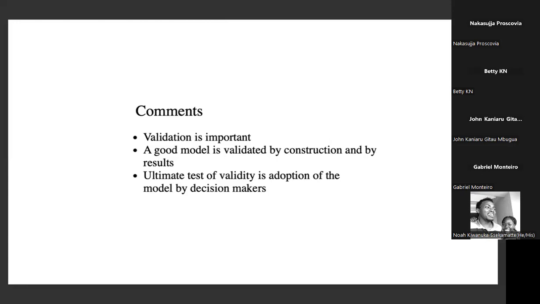We had the doctors who were attending to the patients. Then we had the procurement department. Then we had the mathematician. Then we had professors from the College of Health Sciences who know public health. So by the time this model came out, everyone had input. Everyone had input what they thought was required for the model.